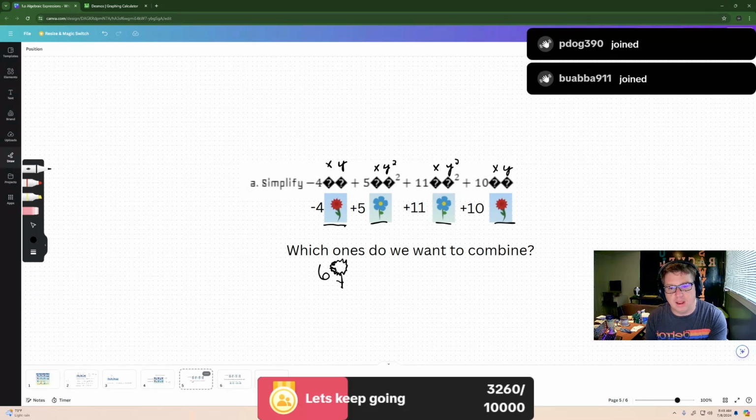Okay, and then we have the 5 blue ones plus the 11 blue ones, which will make us 16 blue flowers. So for this one, it would be 6xy plus 16xy squared.